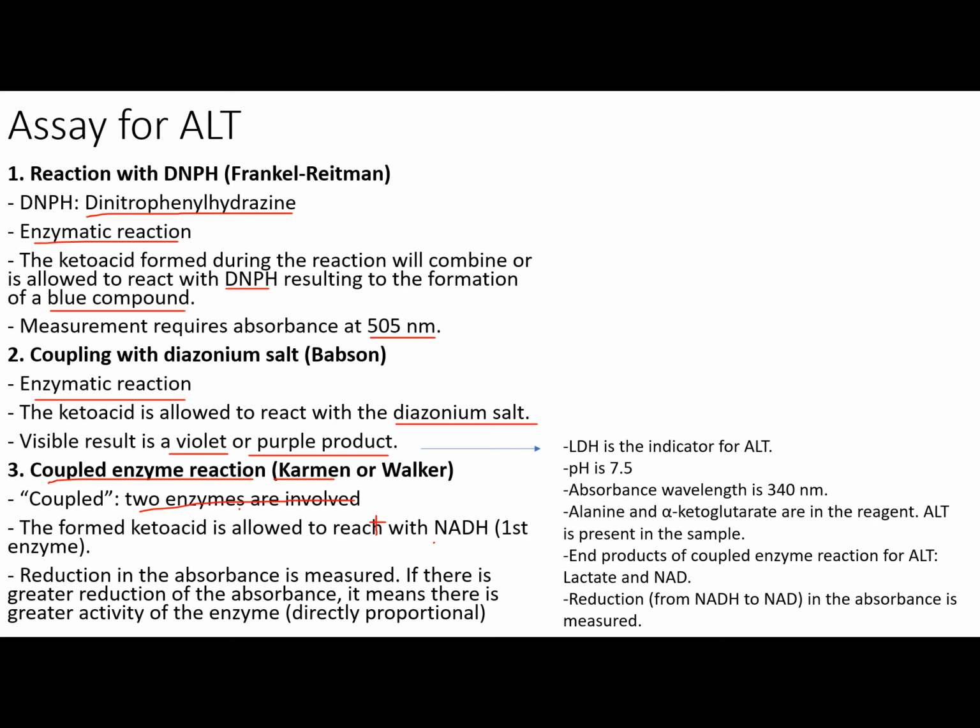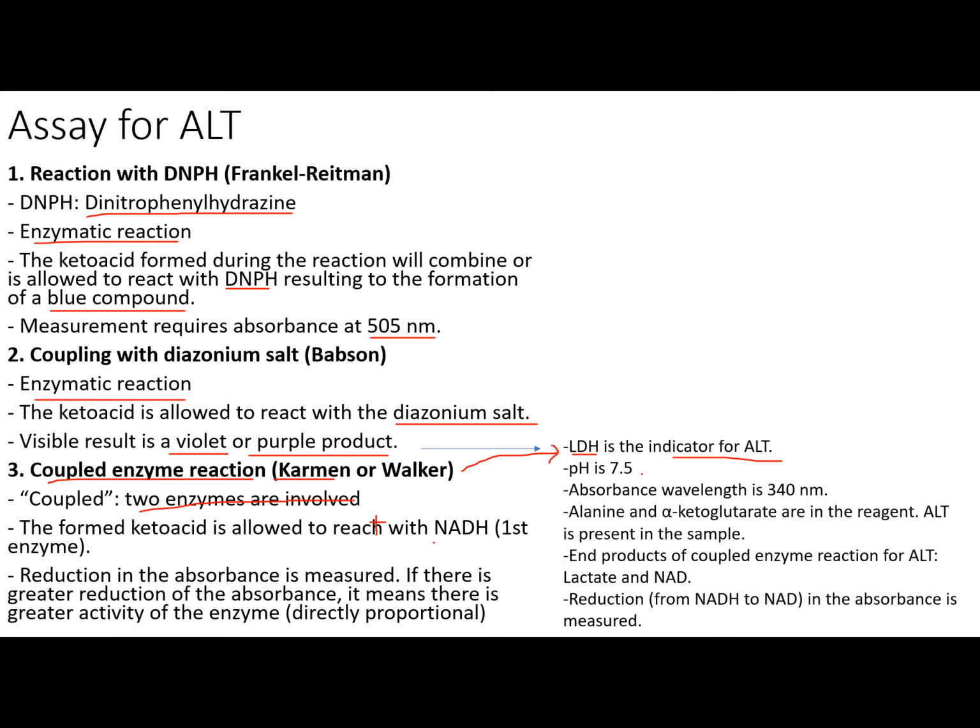Then reduction in the absorbance is measured, and if there is greater reduction of the absorbance, it means that there is greater activity of the enzyme. So the greater the reduction of the absorbance, class, the greater the activity of the enzyme. So directly proportional siya.